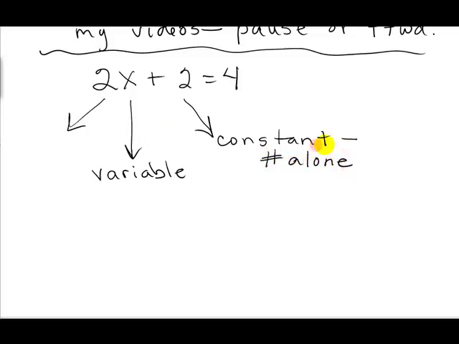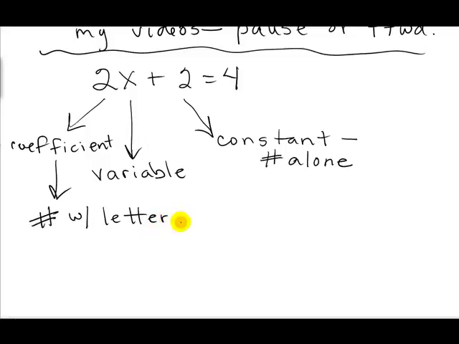We have to distinguish between it and this 2 because this is the coefficient. And it's also a number, but it is the number that is connected to the variable or the letter.